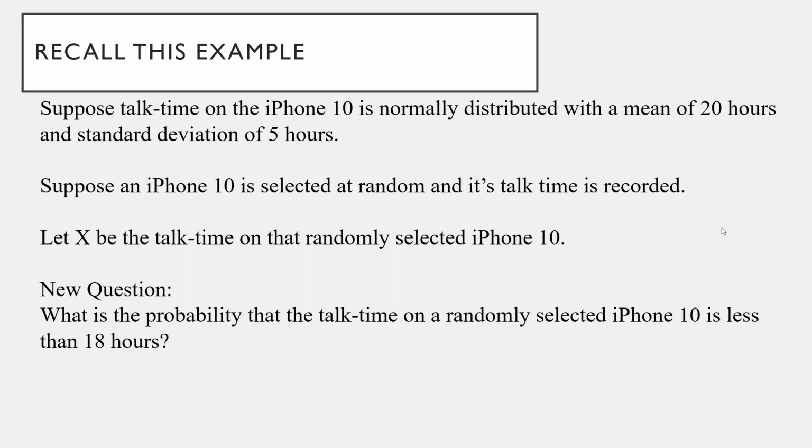So suppose the talk time on the iPhone 10 is normally distributed with a mean of 20 hours, so you could talk for 20 hours, and a standard deviation of 5 hours. So it's a mu of 20 hours and standard deviation of 5 hours. Suppose an iPhone 10 is selected at random and its talk time is recorded.